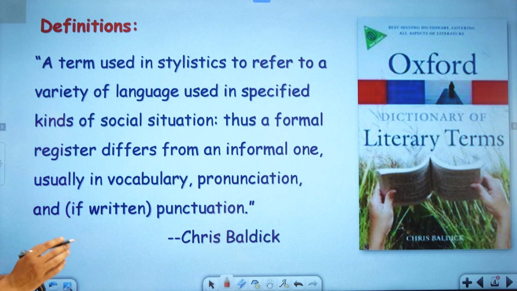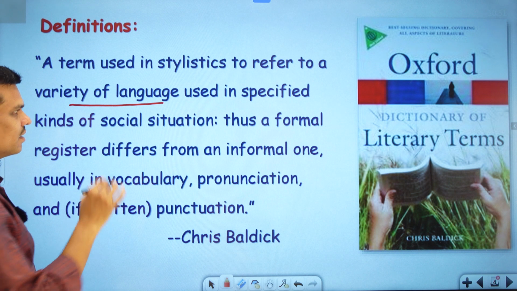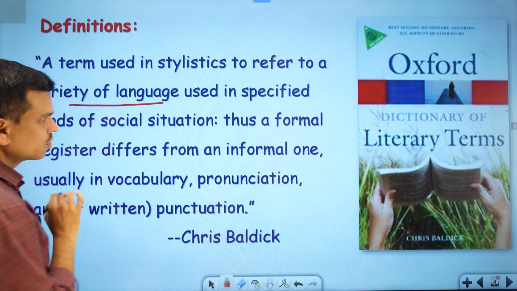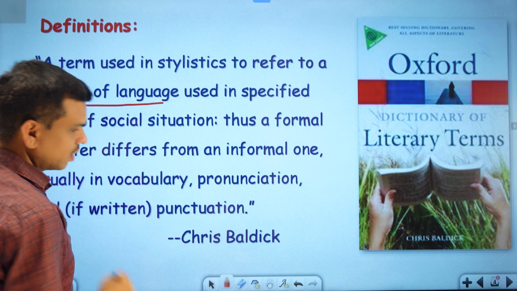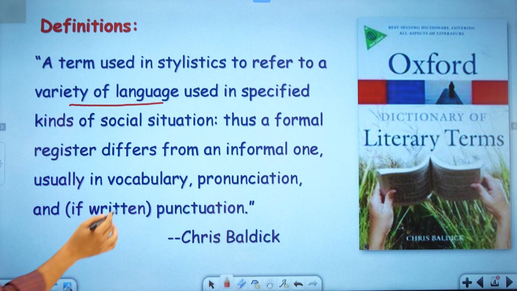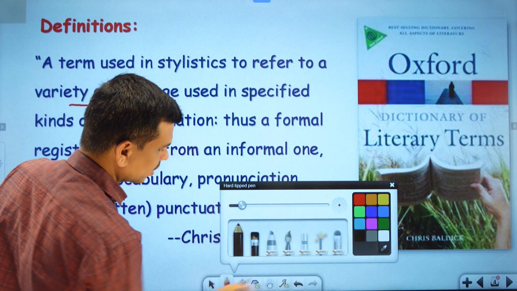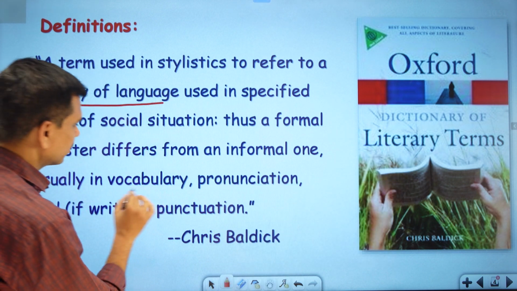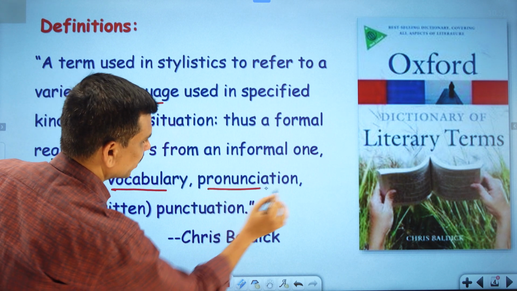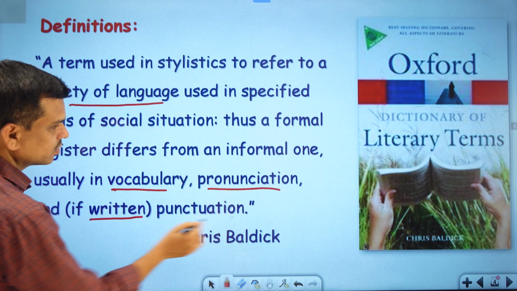So a few things are important here. It is a variety of language, he says. Then it is used in a special kind of situation. This is also important. And again he says that the change, where do we find change? We find change in the vocabulary, then we find change in pronunciation, and if it is written then we find the change in punctuation.